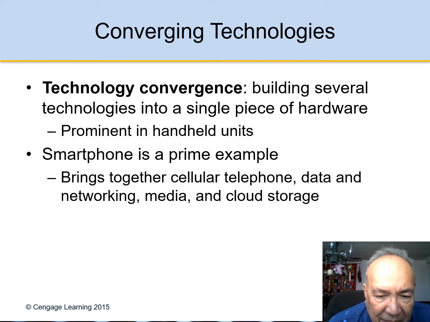A smartphone is a prime example of a convergence technology. You can use it as a phone, for cloud storage and data, and for networking. You can connect to others. It's real-time information, and it can also be a media device. Media means you get information from the phone.